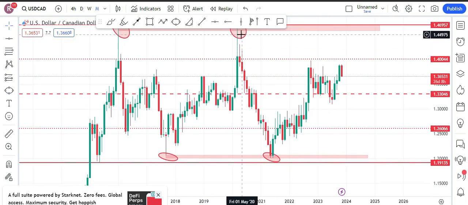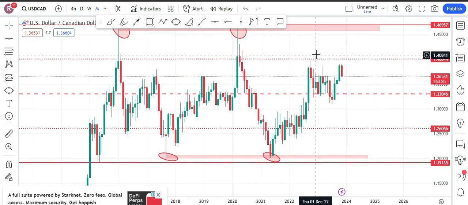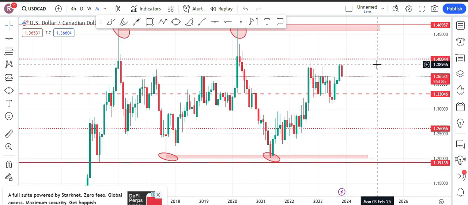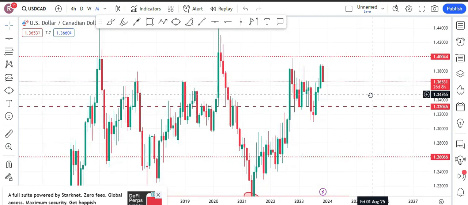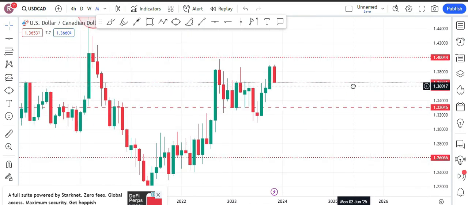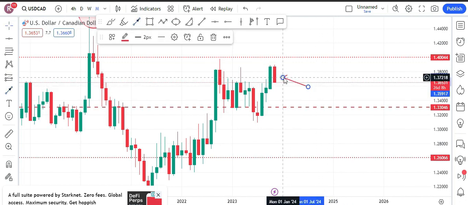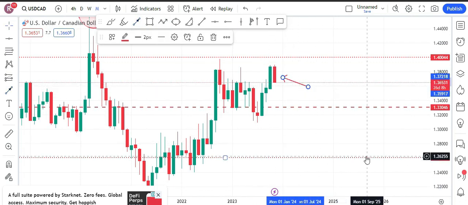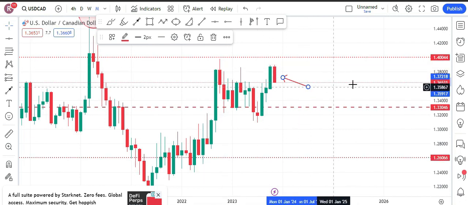So this double top was responsible for this bottom, and this bottom has created this top again. But here, if you can see, it has created a double bottom, but we cannot confirm it yet. The reason is this monthly candle is not finished in November, and today is the 4th of November, so we cannot confirm this double bottom yet.